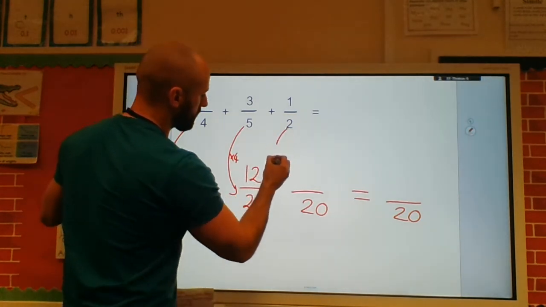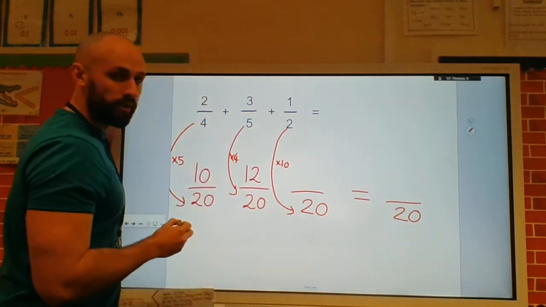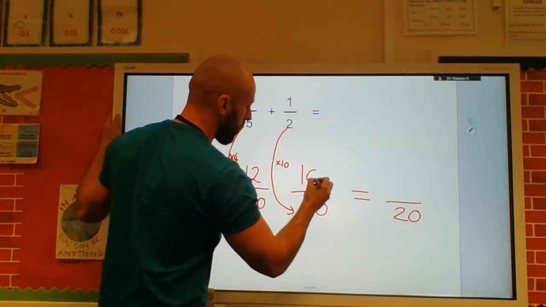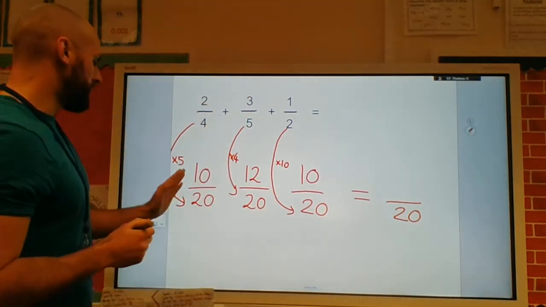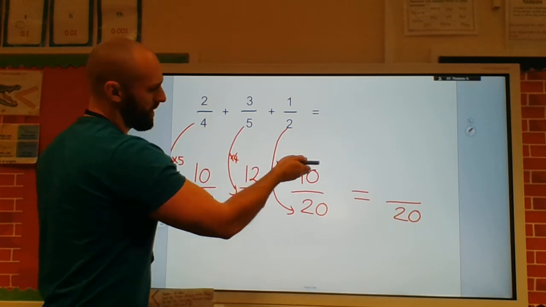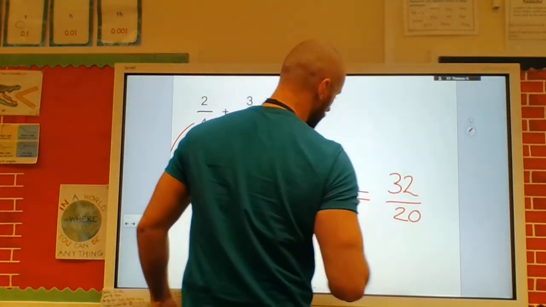Well, 2 times 10 is 20, and then 1 times 10 is 10. So now I add these up. 10 add 12 is 22, add 10 again is 32.